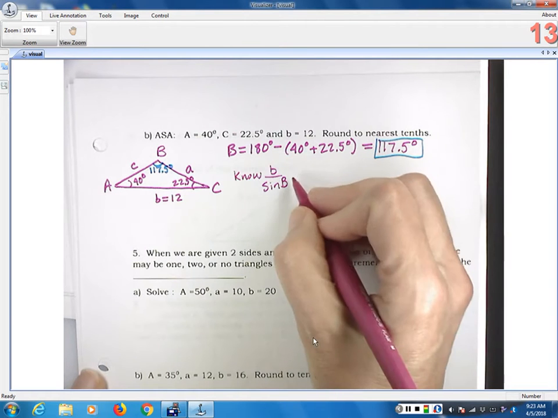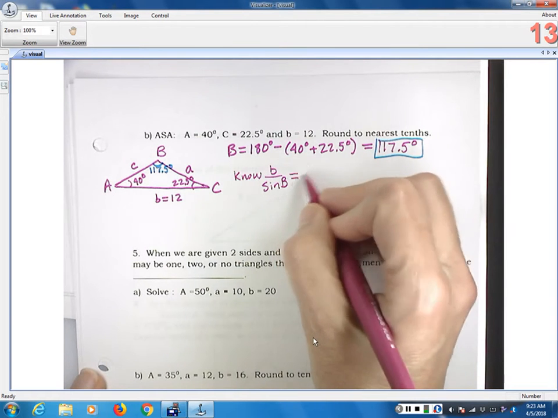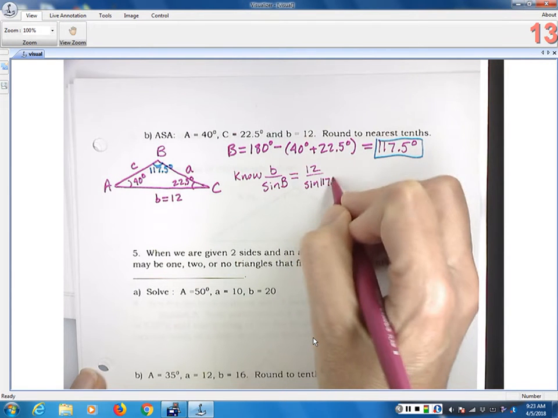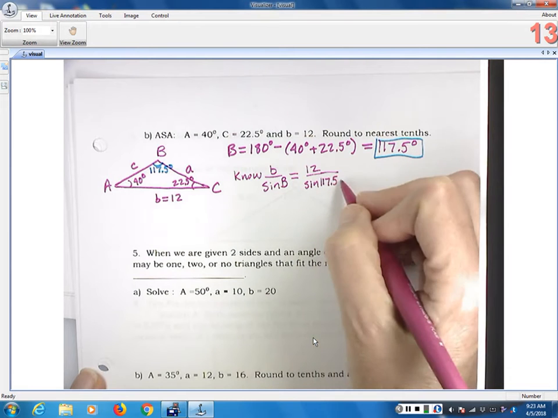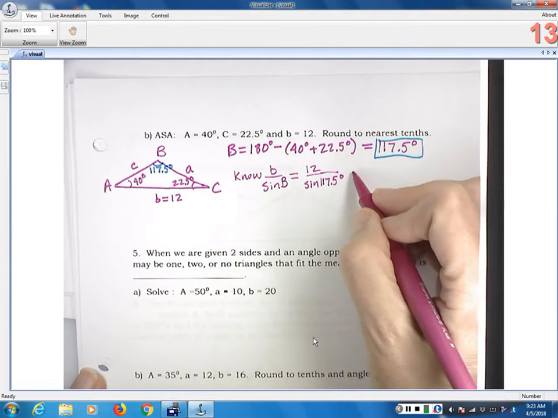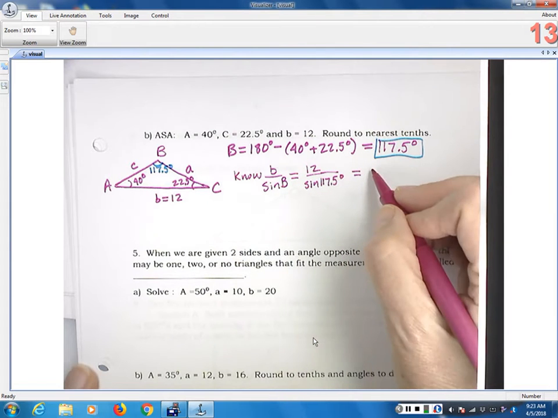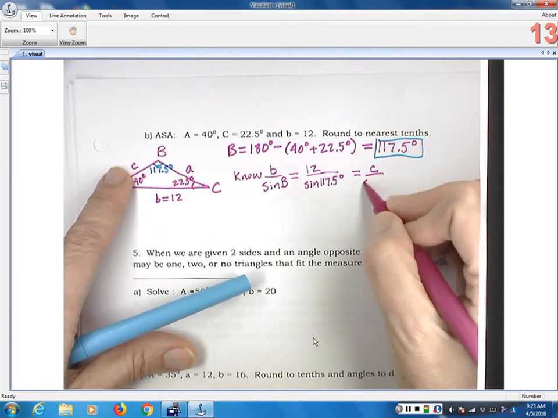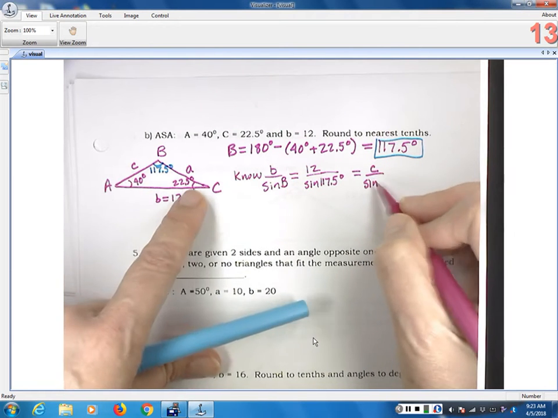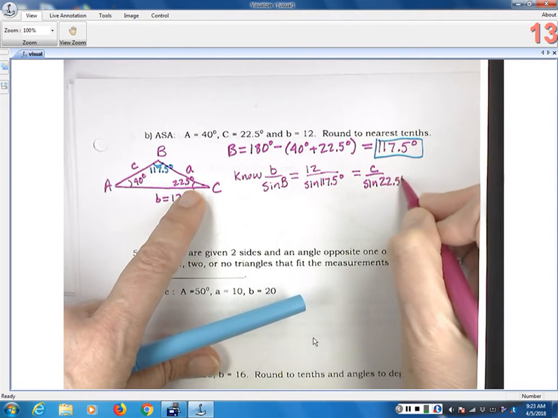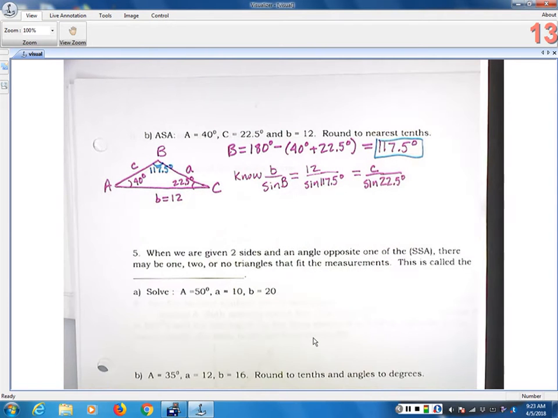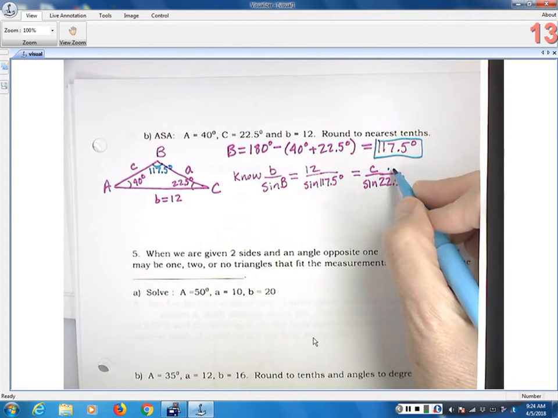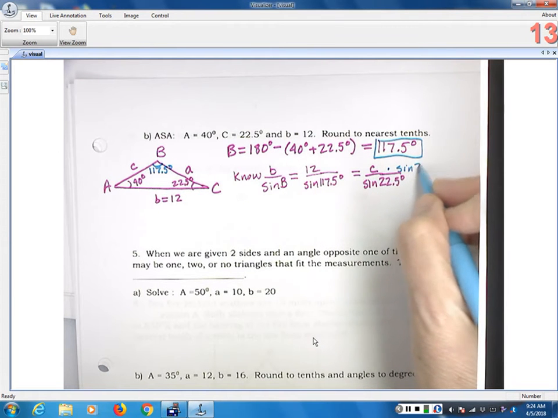So that is going to be 12 over sine of 117.5, and that's going to be equal to C over sine of 22.5. So then we're going to multiply by sine of 22.5.